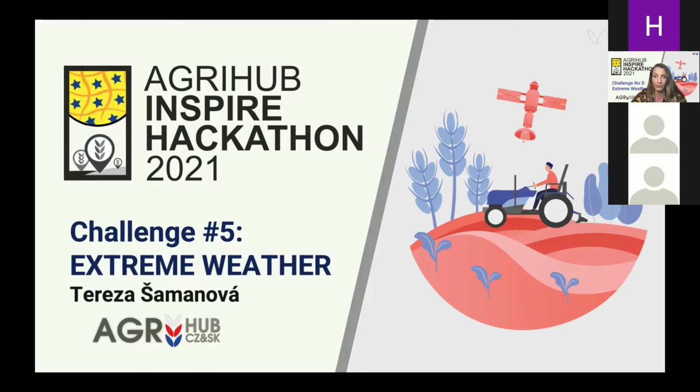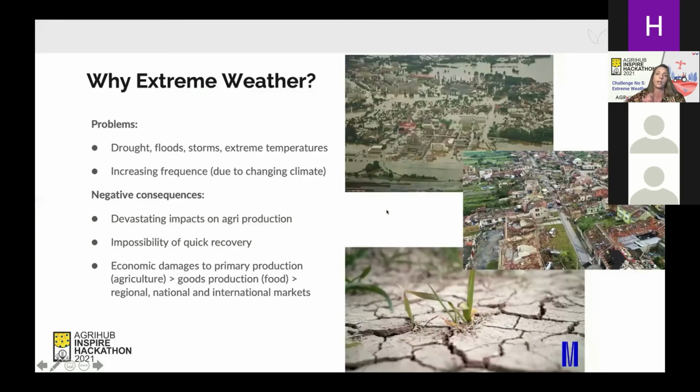So just to introduce where we are and where we are moving. Of course, the negative consequences of extreme weather bring sorrows to all of us, and those who are most concerned are agriculturers and those who are dependent on the results of agriculture production.